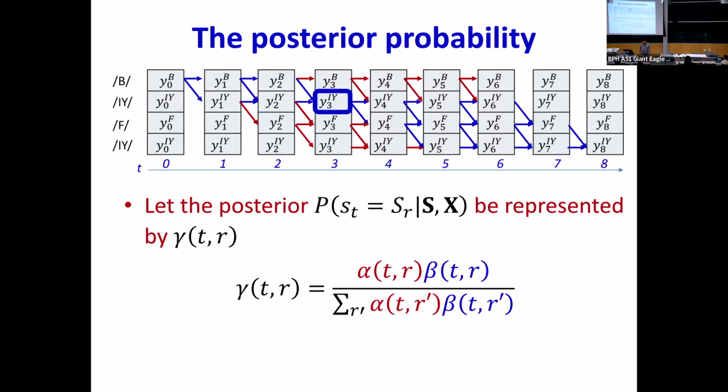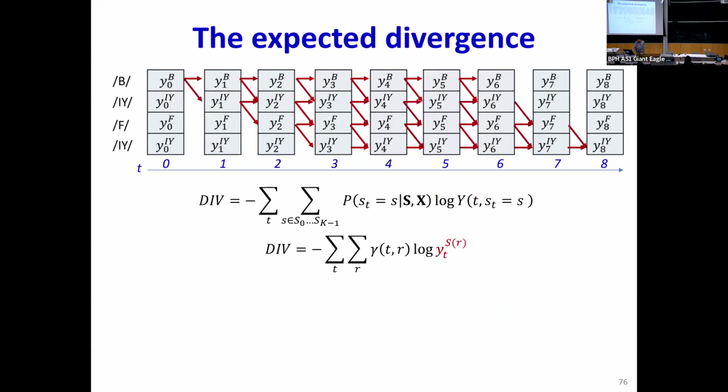And so now that I've got gammas, I can compute the gammas very trivially, because the forward algorithm is a very simple algorithm. It's a dynamic programming algorithm. It's done in essentially linear time. The backward algorithm is also a simple dynamic programming algorithm. So the alphas and betas are easily computed. I can use the alphas and betas to compute the gammas.